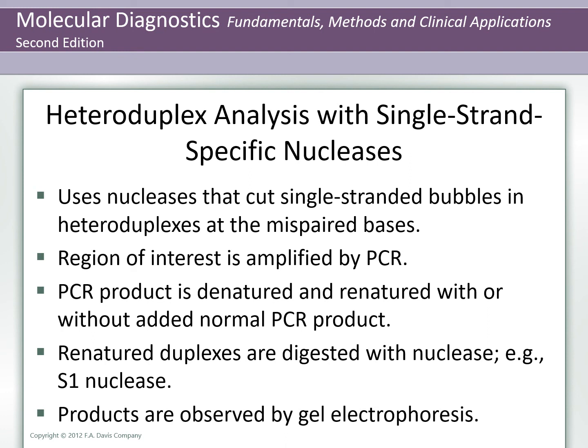The region of interest is amplified by PCR, and the PCR product is denatured and renatured with or without added normal PCR product. Renatured duplexes are then digested with nuclease, and the products are observed by gel electrophoresis.